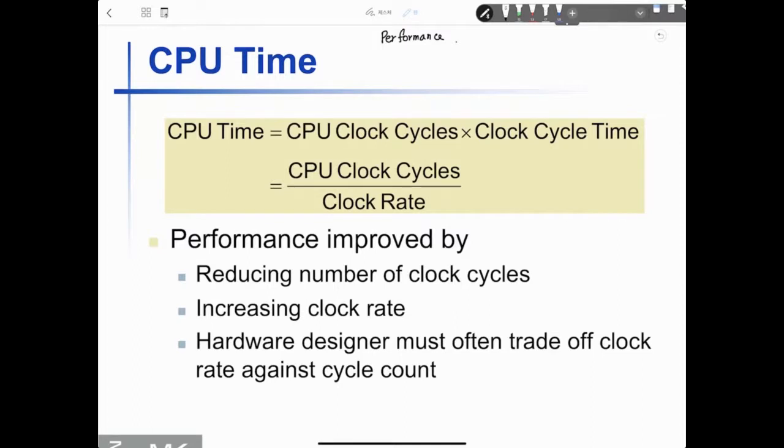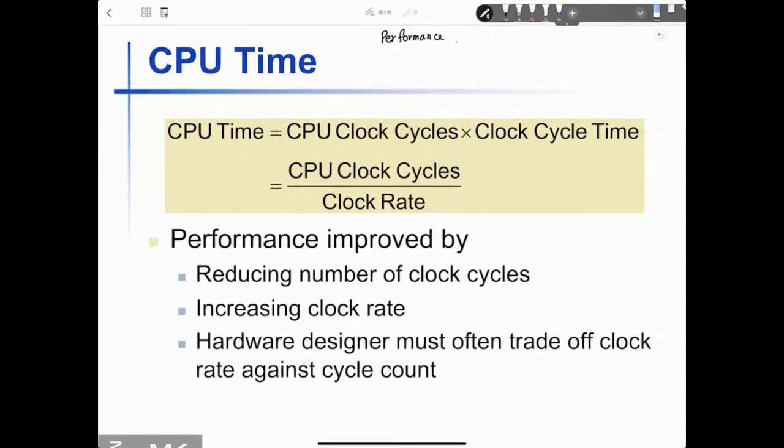Performance means we are measuring the end-to-end time: we start the program and see how long it takes to finish. That includes the CPU time and other components like memory access, but we are only focusing on the CPU part, so we are measuring the CPU time.